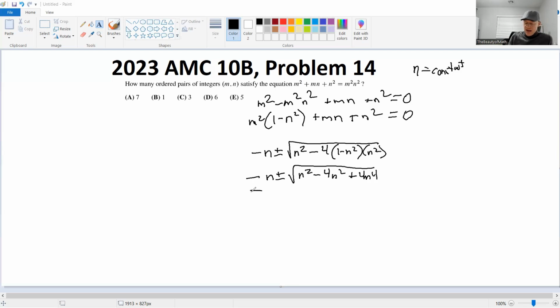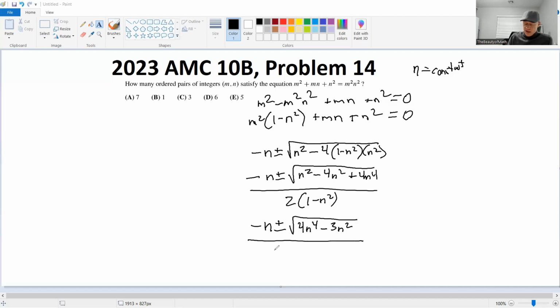Then all of that is over 2a, which in this case is 2 times (1 minus n squared). Simplifying the inside a little further, it's 4n to the 4th minus 3n squared, over 2 times (1 minus n squared).